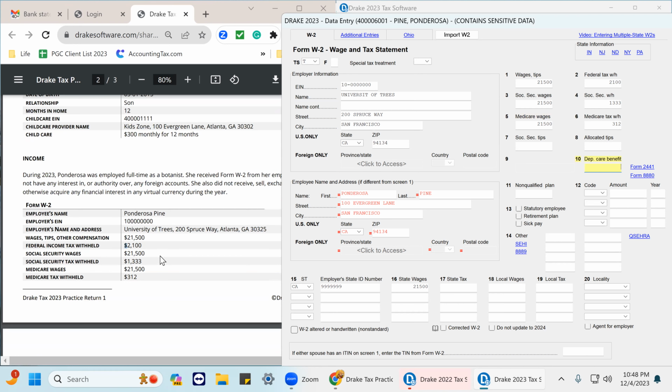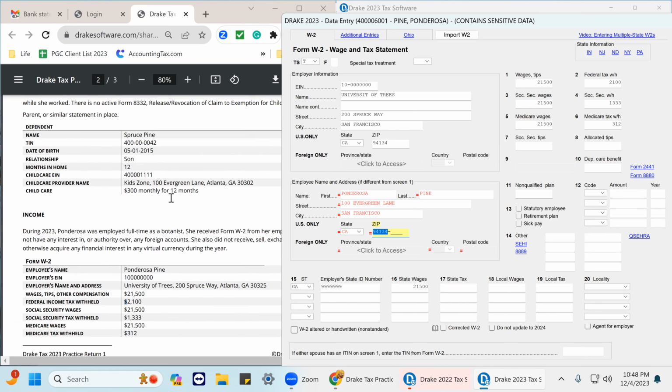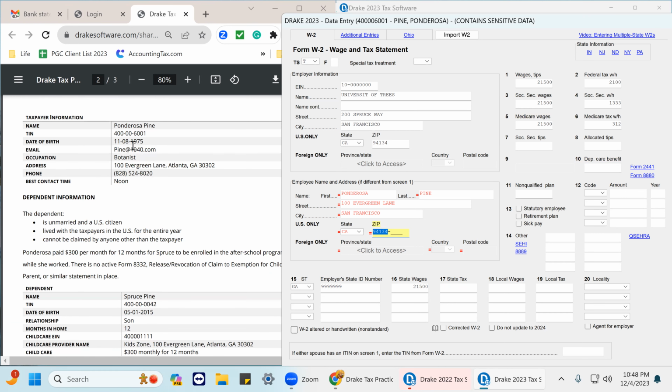So it's straightforward. Because it's a Georgia return, we do not know the GA withholding in this scenario, and we also need to go back to change it to GA. Actually, you don't even need to change it here. Let me tell you an easy way to change it.